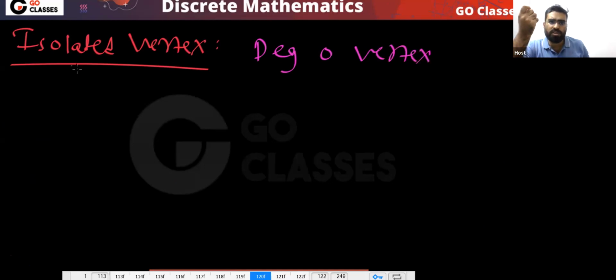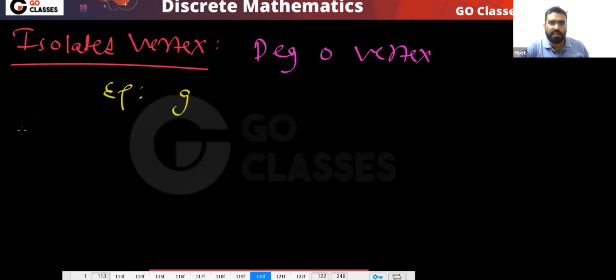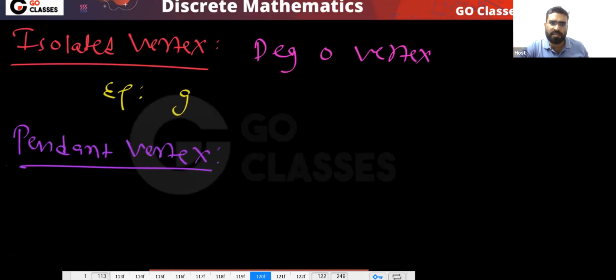Any vertex whose degree is 0 is called an isolated vertex. For example, this G is your isolated vertex. And another definition is the pendant vertex. What is a pendant vertex? The pendant vertex is a degree 1 vertex.